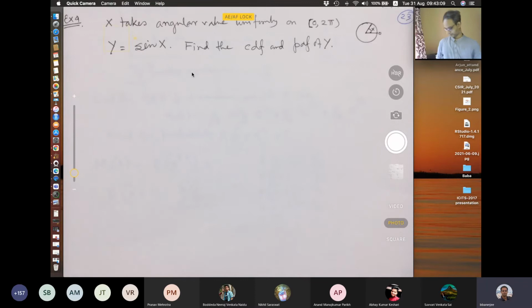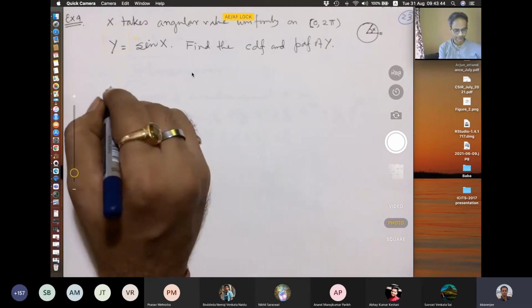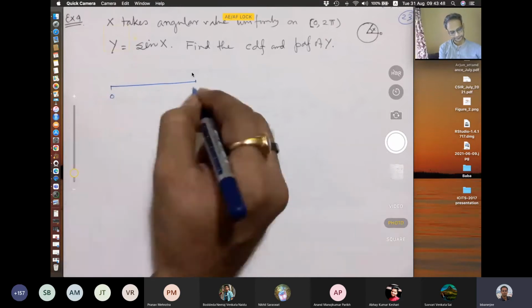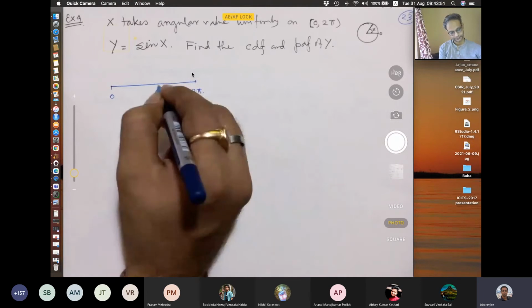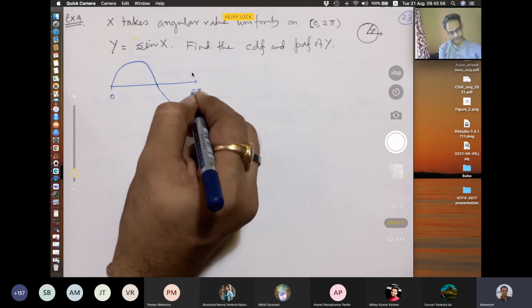Tell me, how will you address this question? The curve that you know, sine x, if you plot from 0 to 2 pi, it will go up, then down.